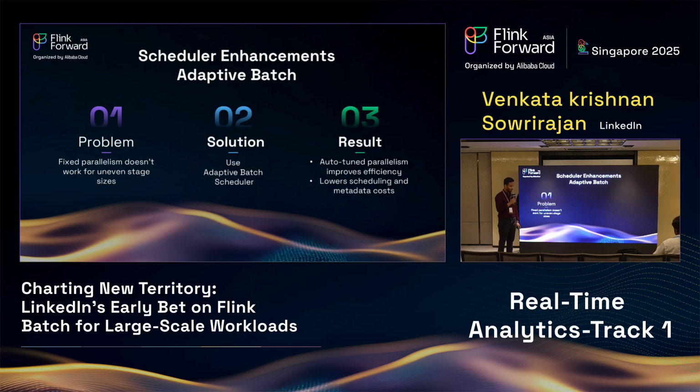So we began with the default scheduler with fixed parallelism, but with uneven state sizes, it only added more scheduling overhead and also had throughput issues. That is when we decided to try out adaptive batch.